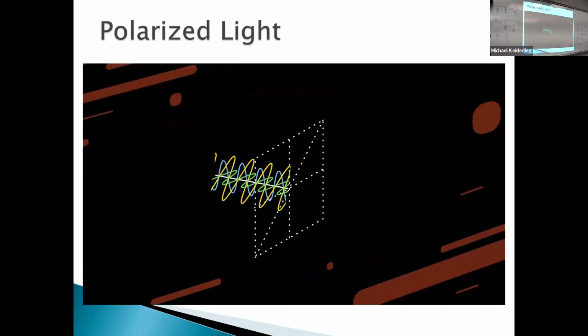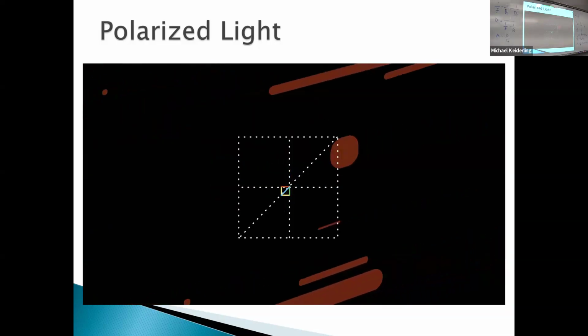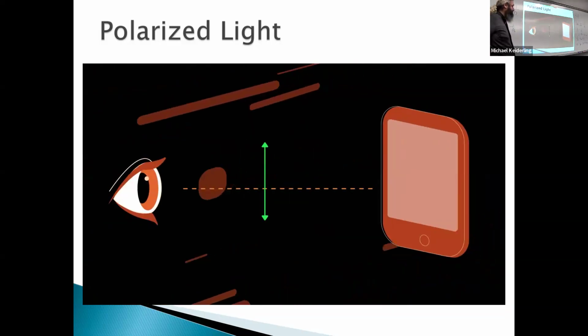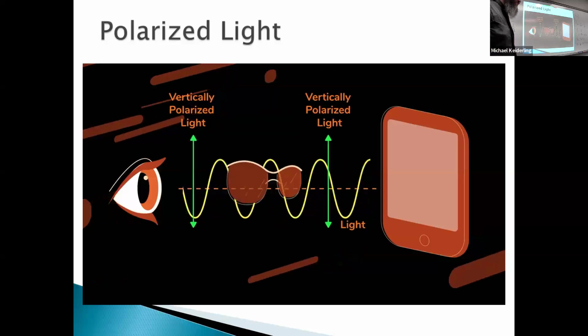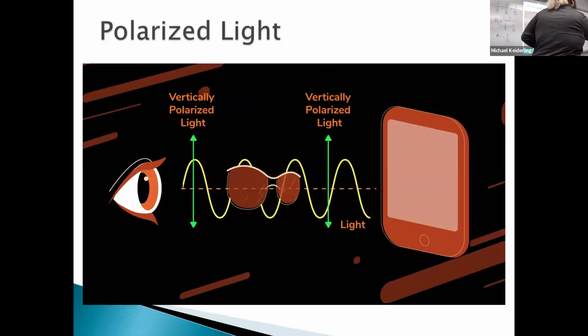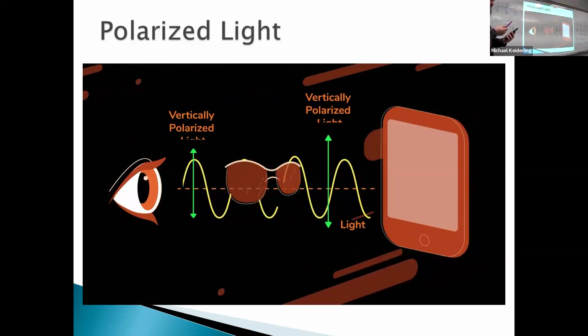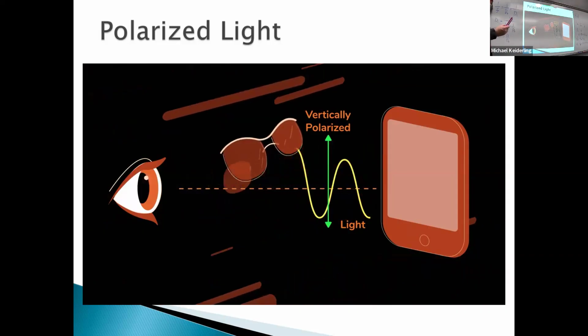We say it is unpolarized. If the waves have a preferred direction of oscillation, they are polarized. For example, light from your phone is vertically polarized. Your polarized sunglasses are a polarized filter. Here, they let vertical polarization through. If we rotate them, almost all the polarized light gets blocked.